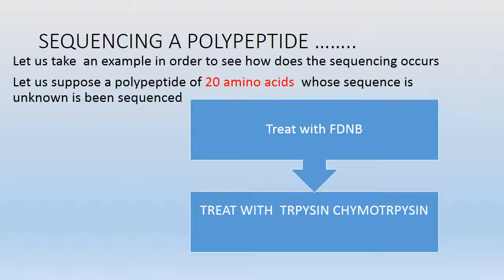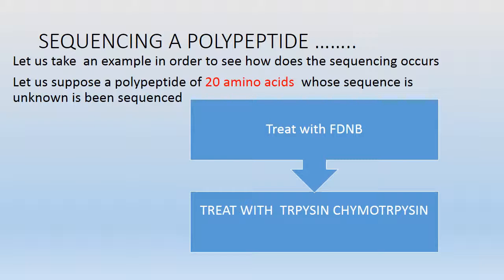Now, in order to sequence a whole polypeptide, let us take an example. In this example, we are taking a polypeptide of 19 amino acids whose sequence is unknown, and we are sequencing it.